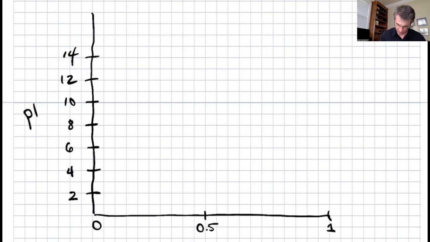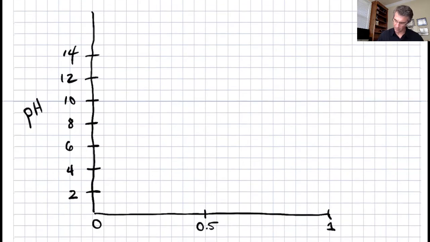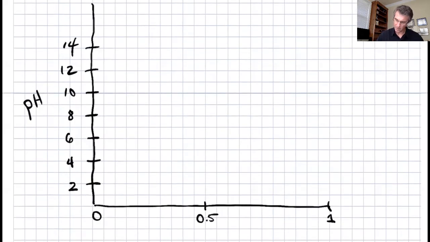We're going to have the pH, right? The minus log the hydrogen ion concentration. And on the x-axis, we're going to have hydroxyl equivalents. That's what we're going to titrate with, right? So the more hydroxyl we add, the more basic the solution we get in principle.